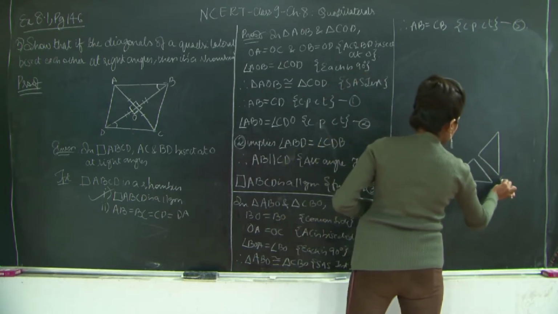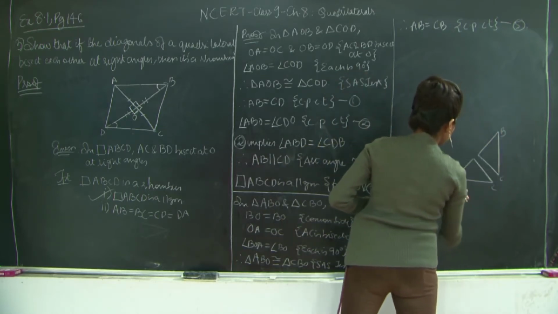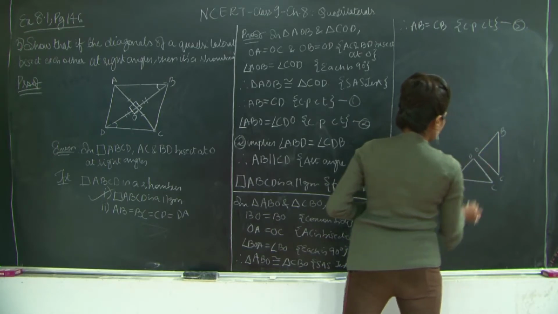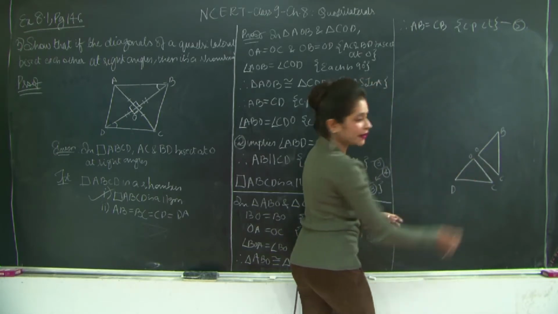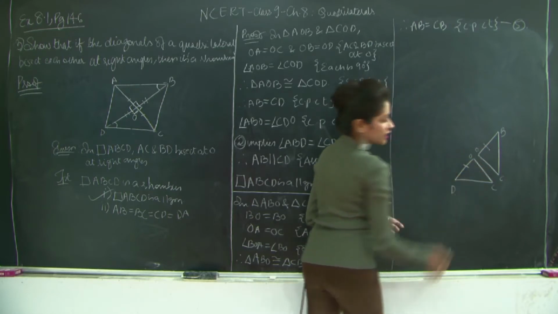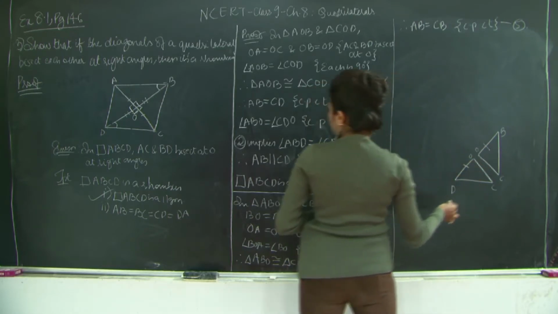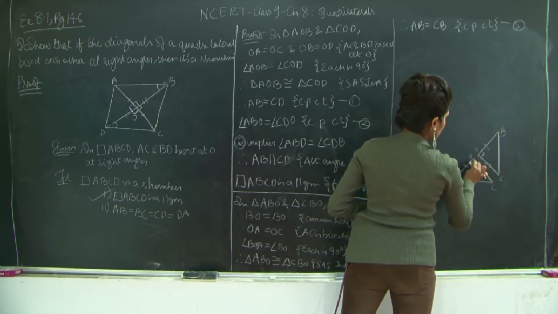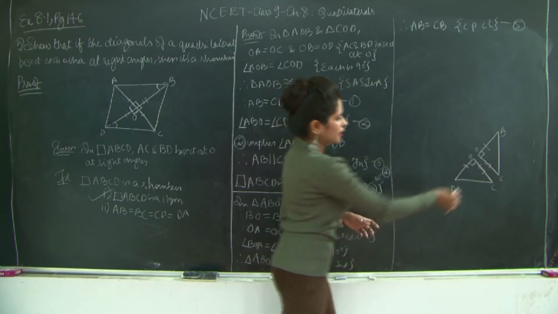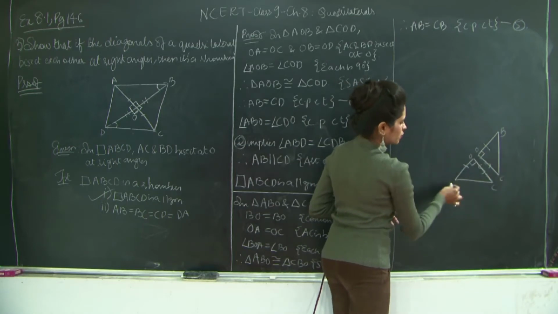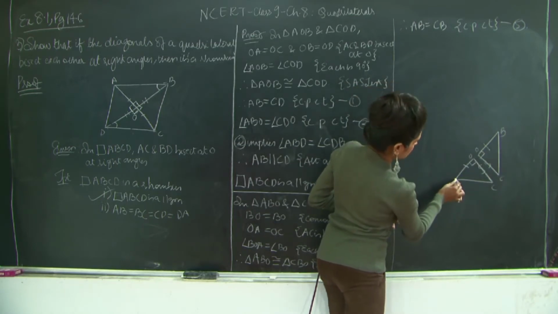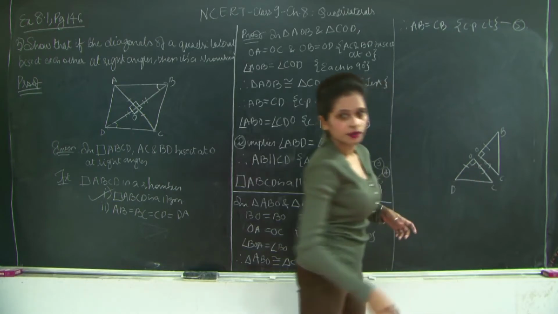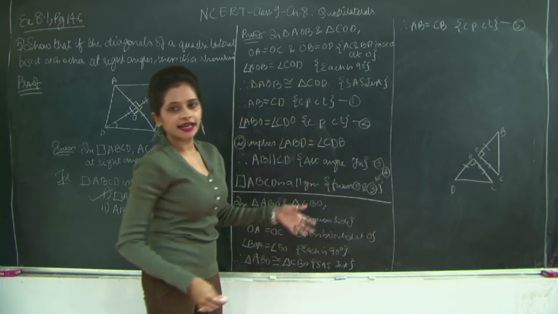So this is C, B, D, O. Now BD is getting bisected at O, therefore these two are equal to each other. Also I have this as the common side, and these both are right angles. Therefore CBO is congruent to CDO, again by side angle side test of congruence.